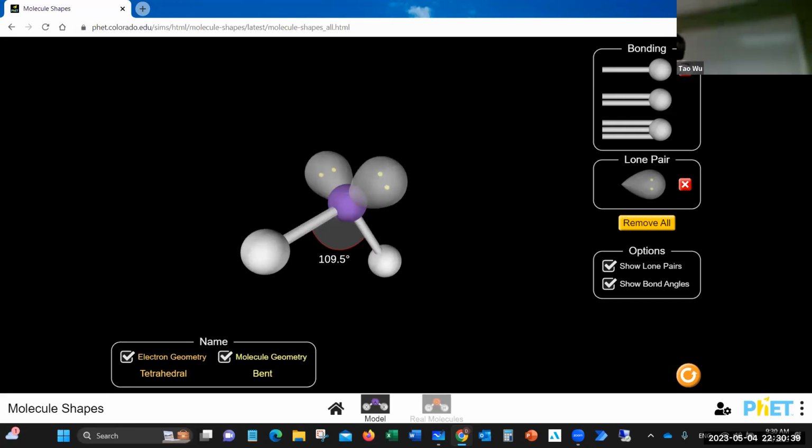Remember, the top part here is completely invisible. Although they occupy the space, they are invisible, and only the two bonds show over here. Instead of 3D, it becomes a 2D structure again, and that's going to be a bent structure.